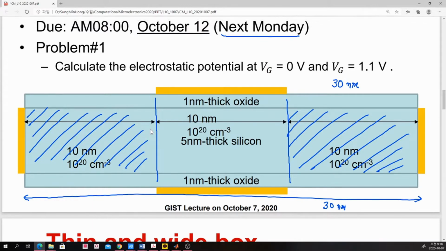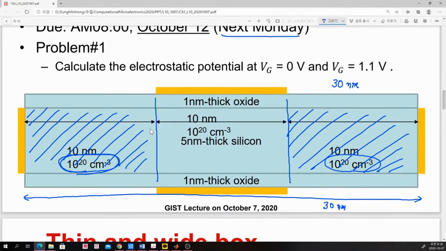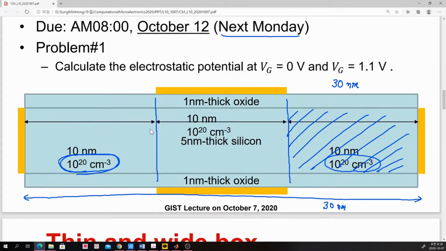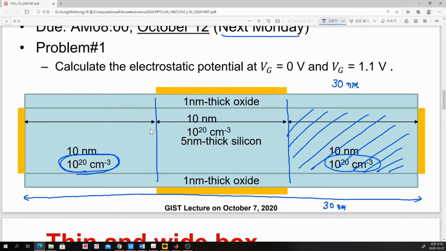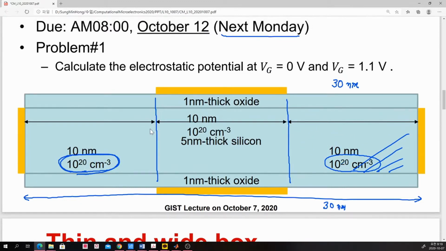In this source region or drain region, we have highly n-doped regions, 10 to the 20 per cubic centimeter of n-type dopant. So you will have so many electrons inside it and almost no holes inside it.